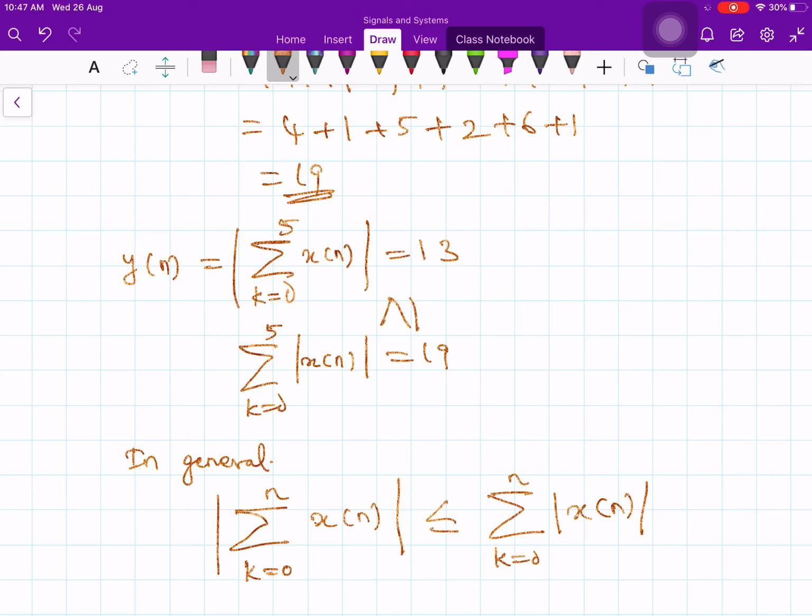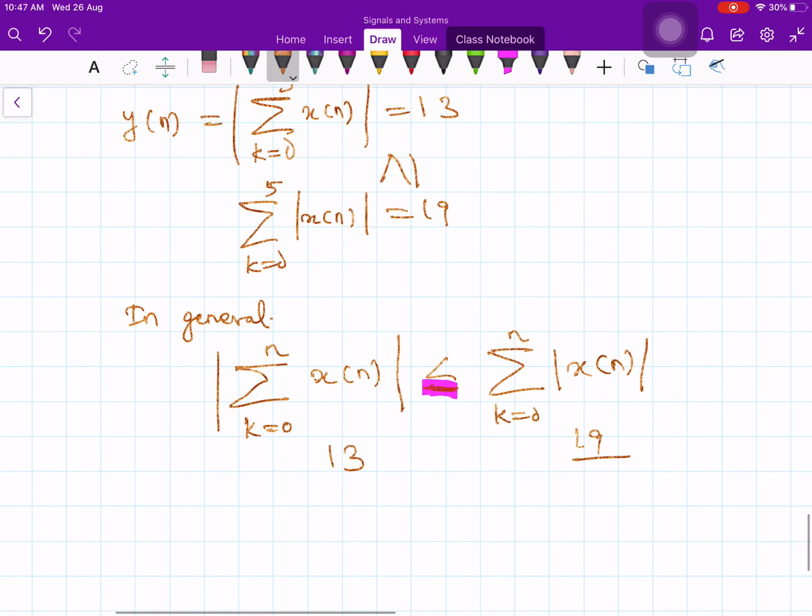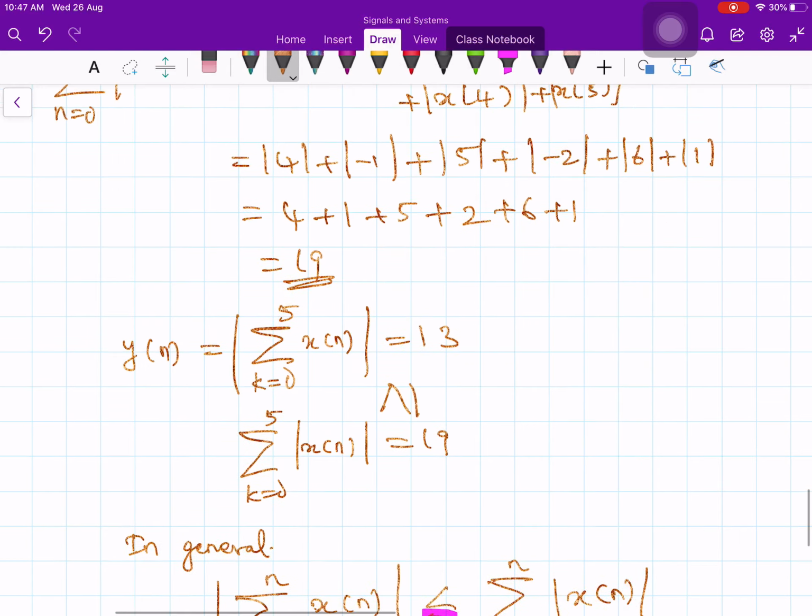In the previous example we got 13 here and 19 there. You take any sequence. Sometimes, in a very rare case, it will be equal, that is why we put less than or equal to here, okay. Please remember this. This inequality we are going to use for stability of an LTI system.